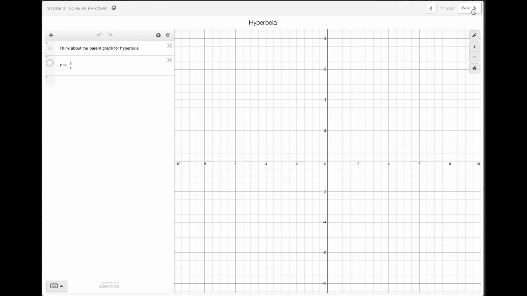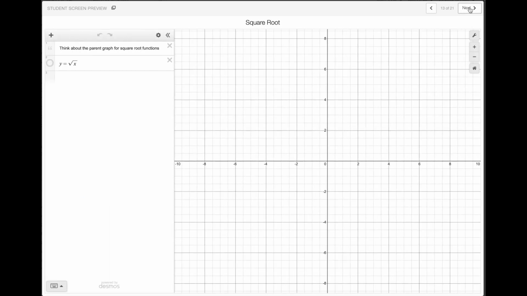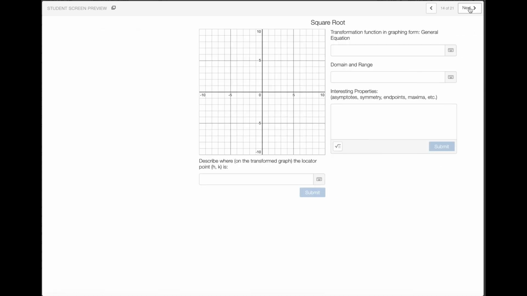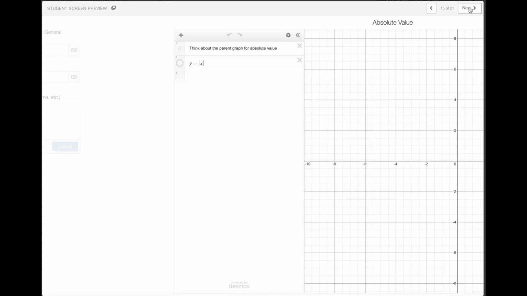You're going to do the same thing with hyperbola. Click on your circle so you can see the graph of the hyperbola. You're going to do the same exploration, talk about what the general equation is going to be. You're going to explore with the square root function. You're also going to try to come up with a general equation with everything that you know, the domain, the range, interesting properties, and your locator point.